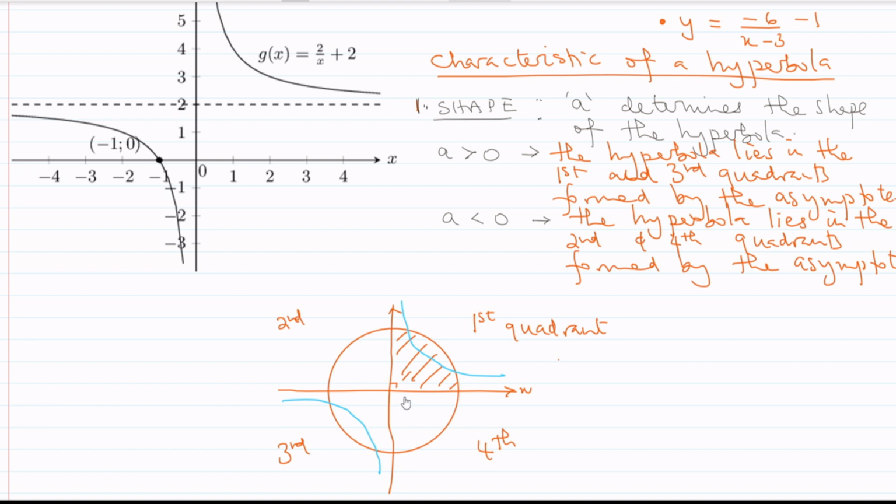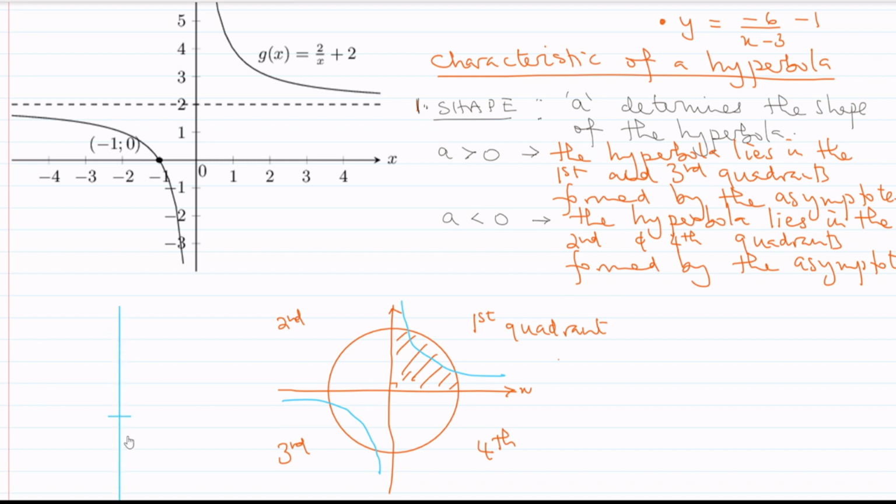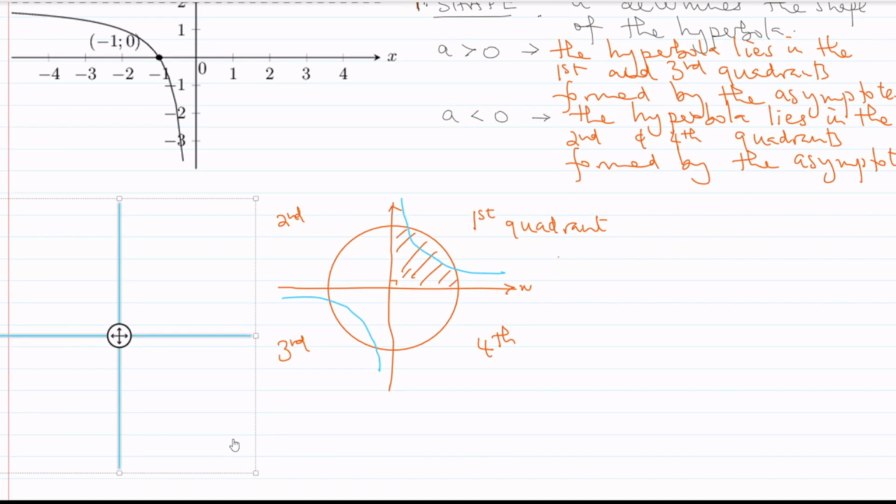Now, if our A is negative, which means our graph or hyperbola will lie in the second and fourth quadrant.